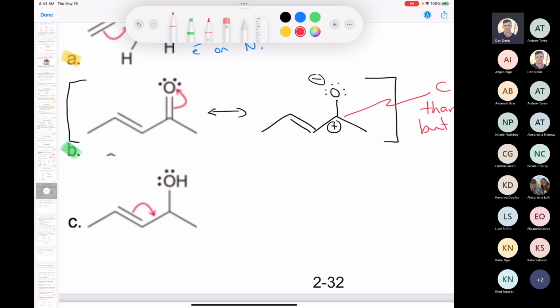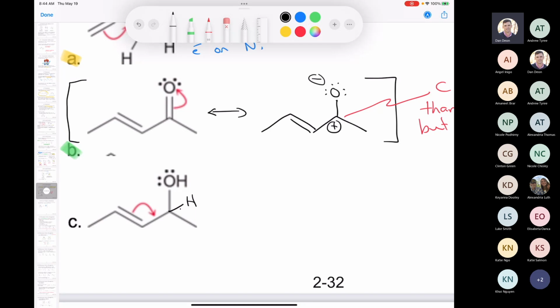I'm just watching the chat here. Okay, this one does have a violation. The reason why it's got a violation is because you've got to remember that when you're looking at a bond line structure, this carbon has 3 bonds, but it's implied that since it's got no charge, there is a hydrogen attached to it.